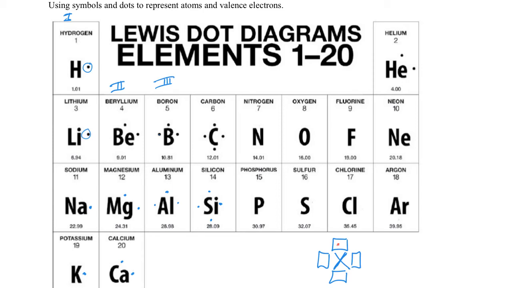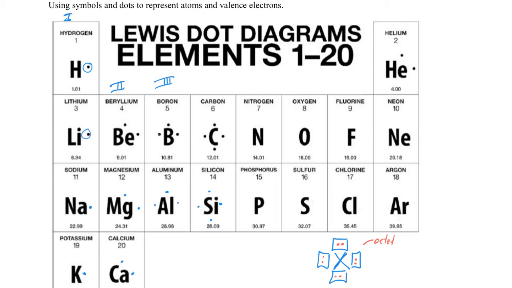So we can have 1 electron, or we can have 2 electrons. That's the most we can have on any given side. So this would be an octet that I've shown here, okay, where all of the sides are full.